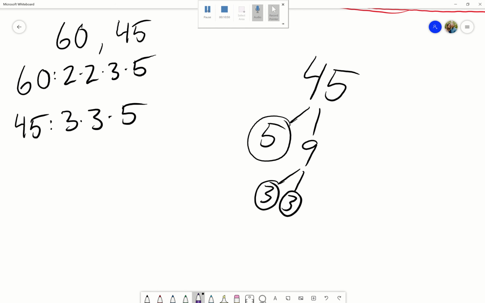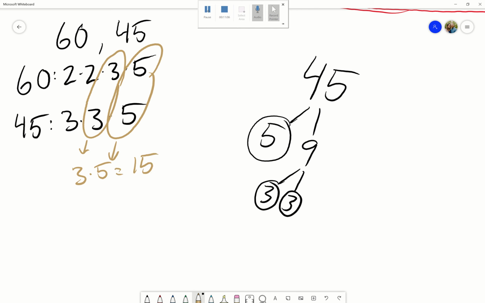We're going to look for those numbers that are in common here. We get a 3. We get a 5. And nothing else, so this becomes 3 times 5, which equals a greatest common factor of 15.